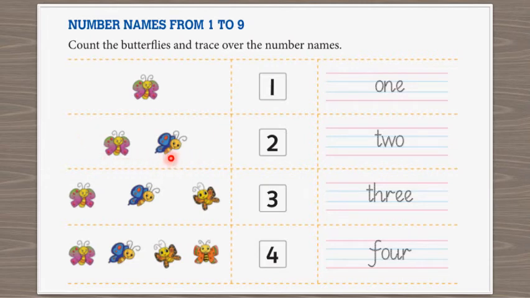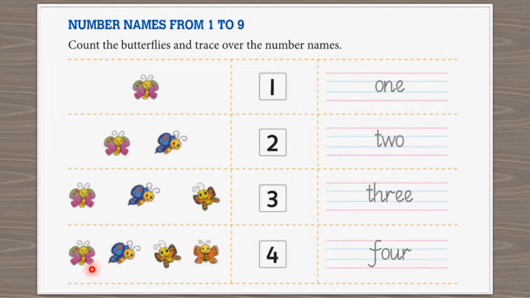In the second row there are two butterflies. This is number 2 and number name is TWO. Here we have 1, 2, 3 butterflies. This symbol represents the number 3. Number name is THREE.